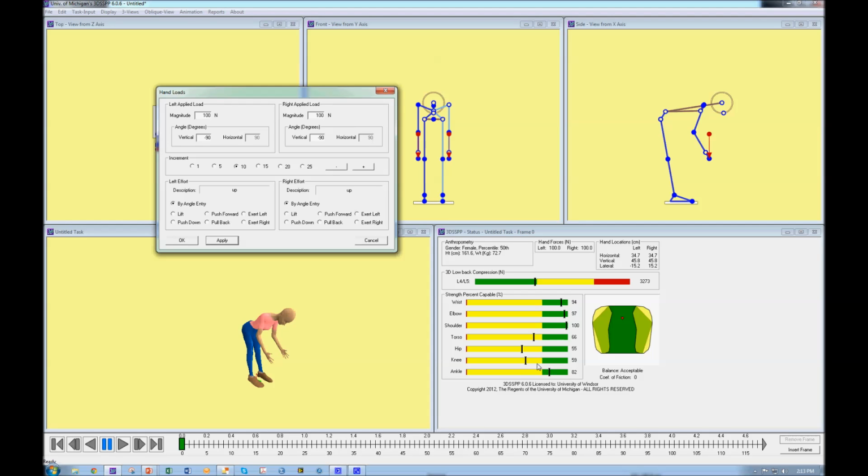Same thing with the knee. Only 59% of the female population have the strength to do so based on this posture and the task that we're doing.